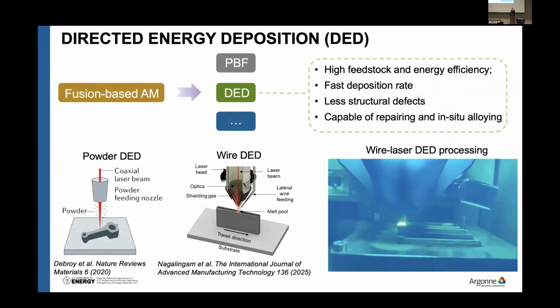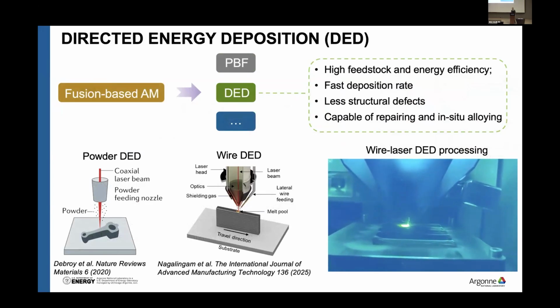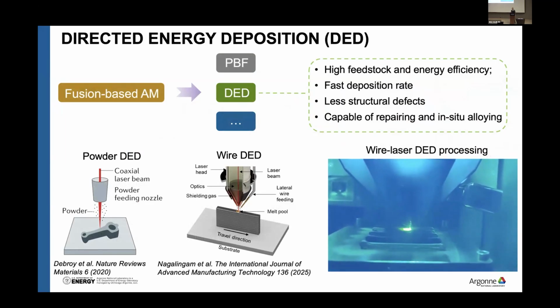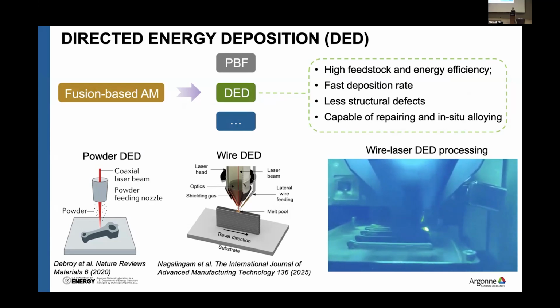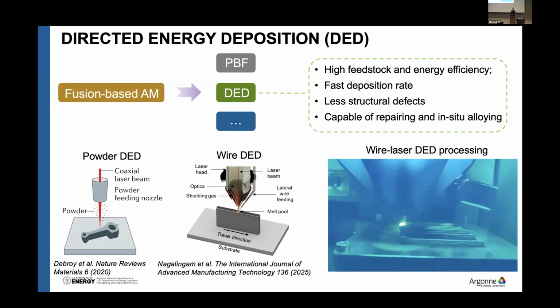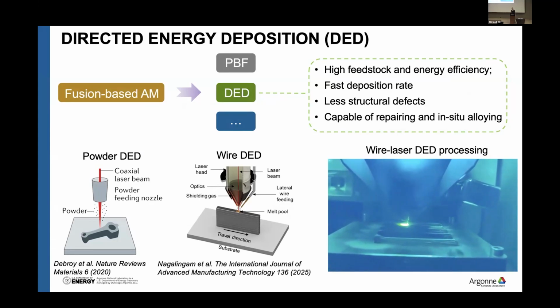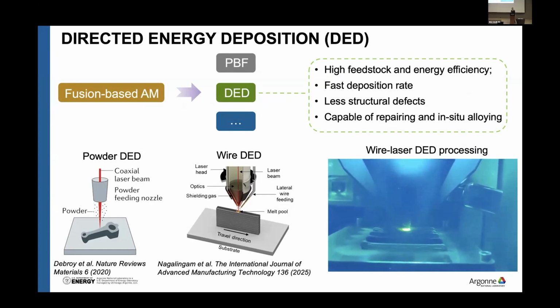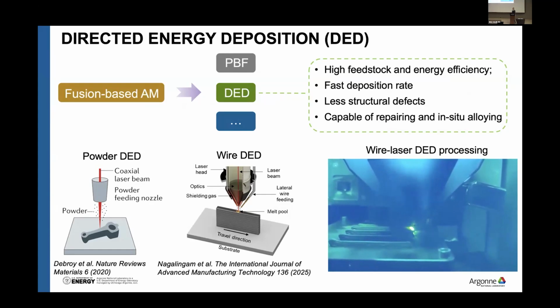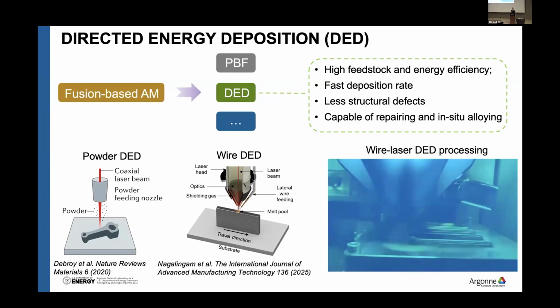Fusion-based additive manufacturing is a type of technique particularly used to fabricate metallic components. Based on the working mechanism, fusion-based additive manufacturing includes powder bed fusion, laser directed energy deposition, etc. Directed energy deposition is an additive manufacturing process that utilizes a highly concentrated energy source that can directly melt the metallic feedstock, which is constantly fed from the deposition head, and directly deposits material on the substrate.